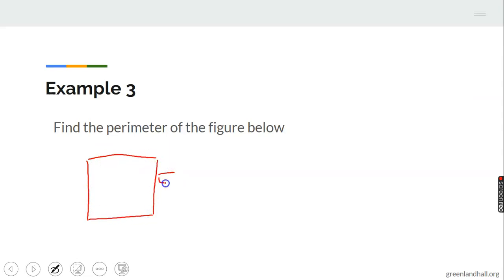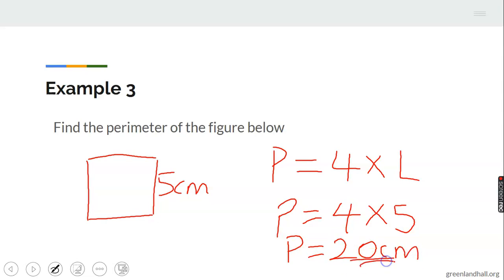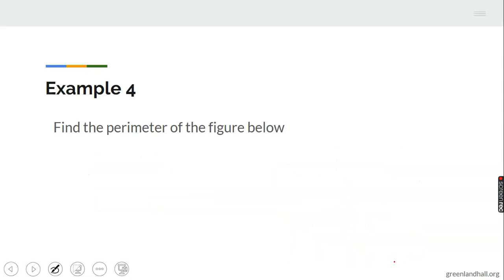This is 5 centimeters. Going by the formula, perimeter of a square is 4 multiplied by L, and this will give us 4 multiplied by 5, which is the length, and this will be 20 centimeters. If you don't want to go through this, you can start adding 5 in 4 places and you are going to have 20 centimeters.